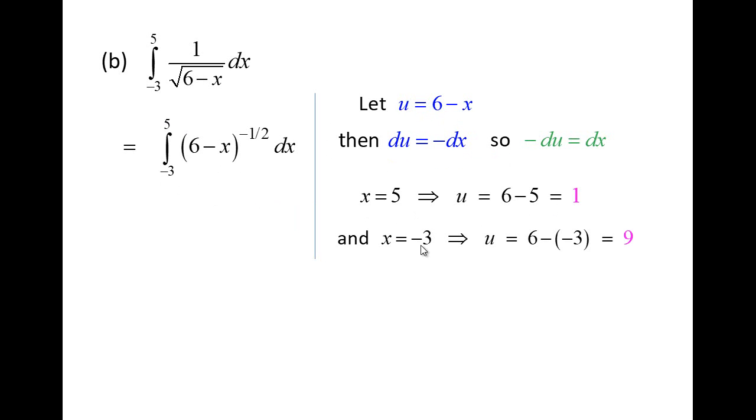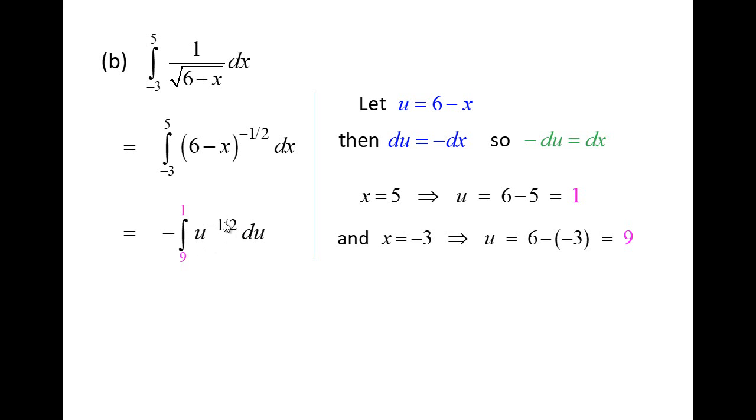When x is negative 3, u is 6 minus negative 3, which is 9. So where am I getting this negative? That's because dx is negative du. So dx is replaced with negative du, and I'm keeping the negative outside of the integral. The new limits of integration would be 9 to 1, and then u to the negative half.